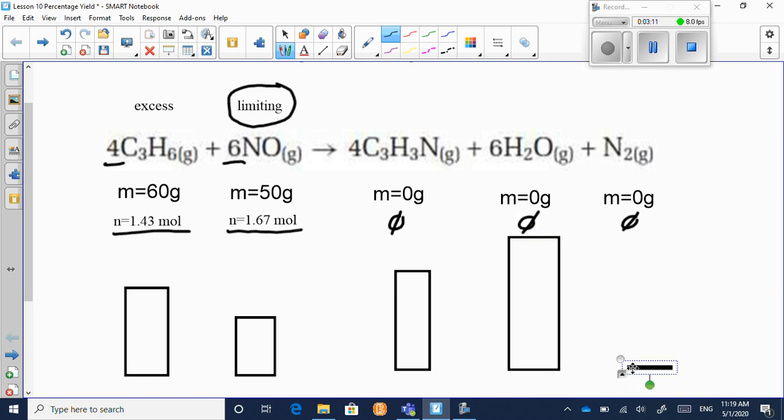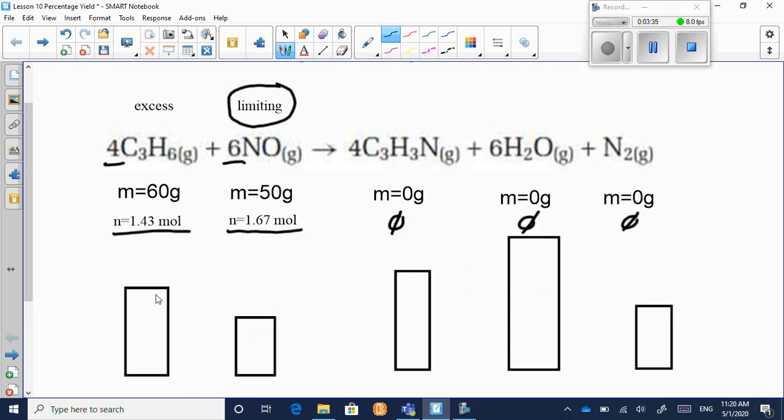And sure enough, this bar is growing. And again, we can imagine that this last one, this nitrogen, is growing at a slightly lower rate because there's only one of them being produced. And this water one is growing at the fastest because there are 6 of them being produced. And for the first product, it's in between those two.